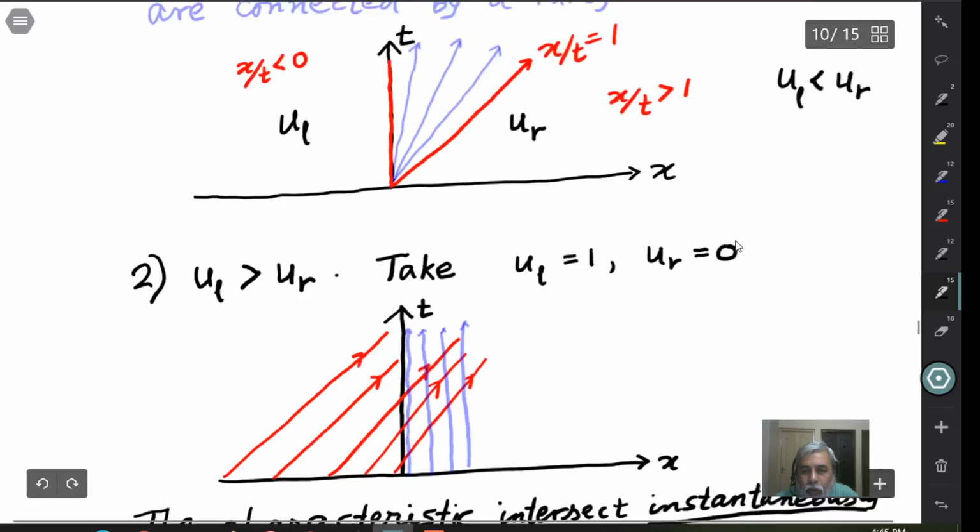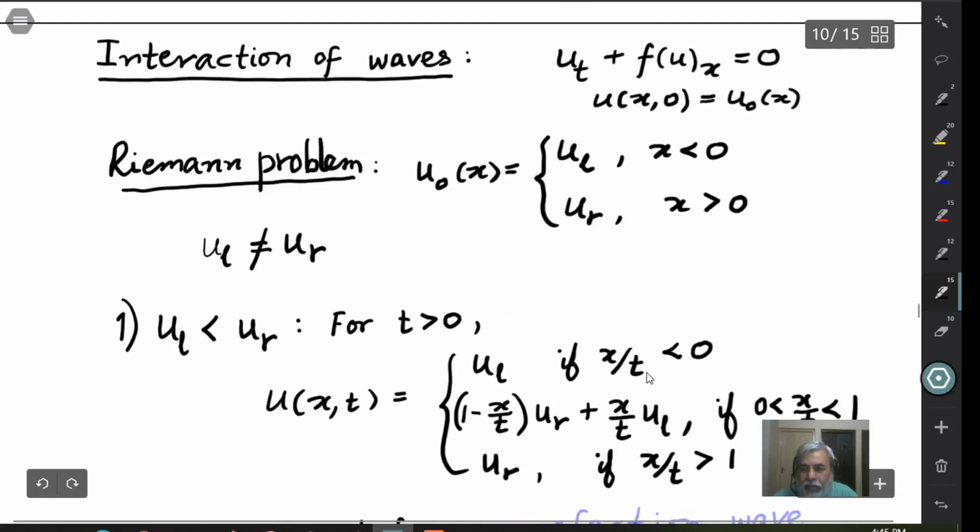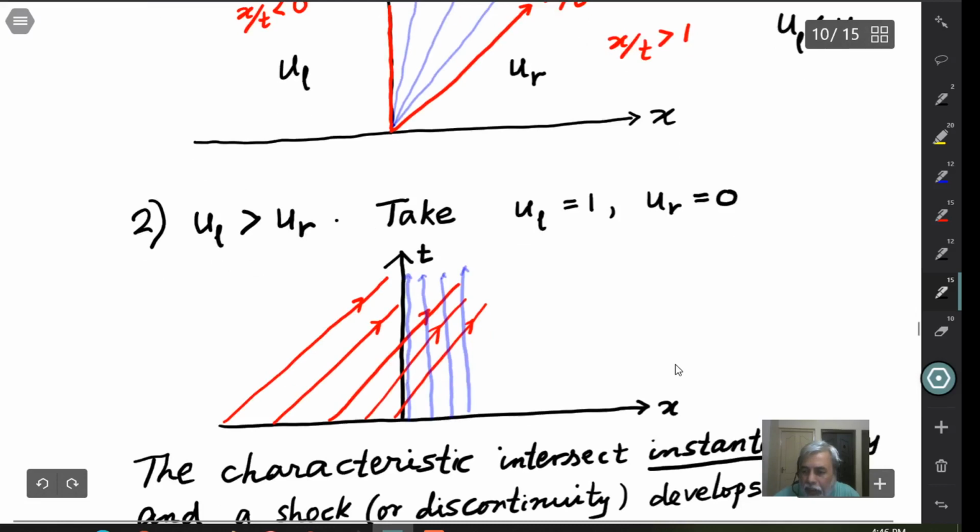For most of the time I am assuming that f(u) is u squared over 2, so it's the Burgers equation.